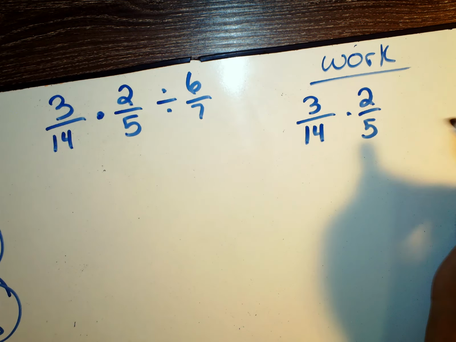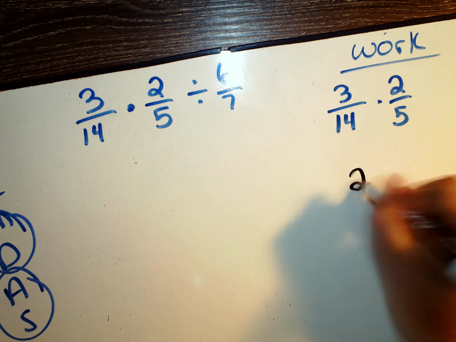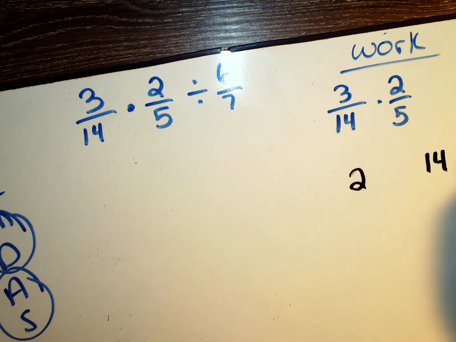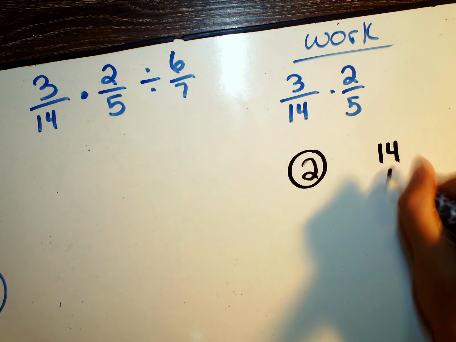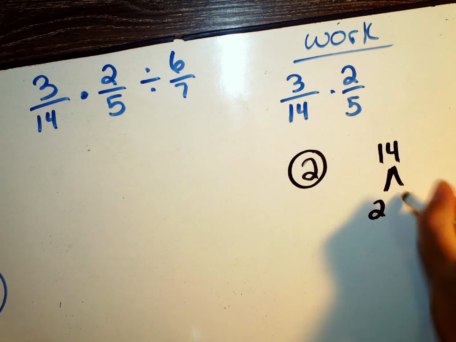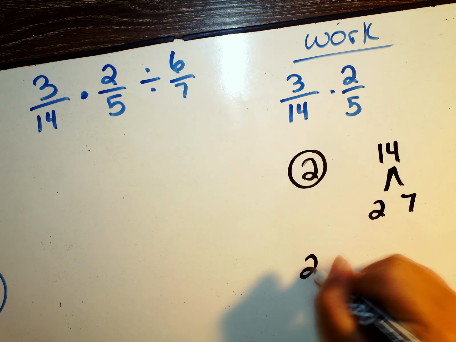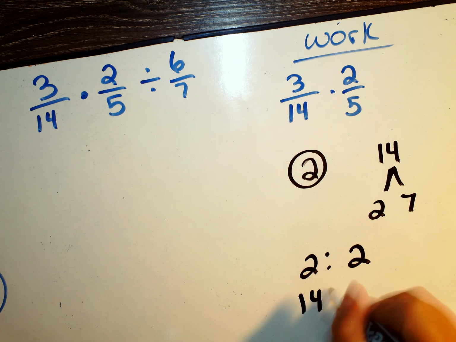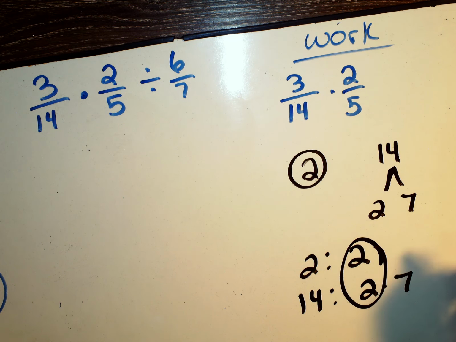I think 2 and 14, we can cross cancel. But just in case you're not sure, you do the factor trees. You find the greatest common factor. So 2 is already prime. 14 is 2 times 7. So for 2, we're going to write 2. And for 14, we're going to write 2 times 7, and my greatest common factor is 2.